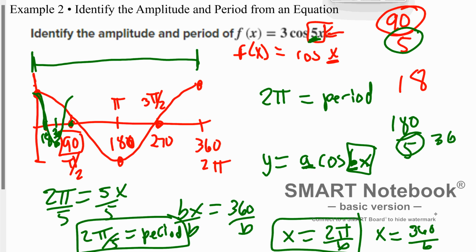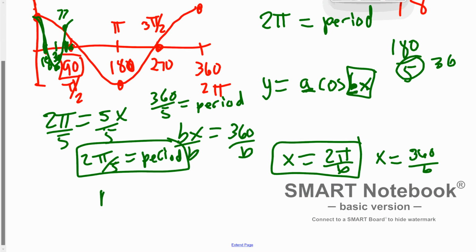So ours for 5 would be 360 divided by 5, which is 72. So before we even get to 90, at 72, it's already going to start repeating itself.